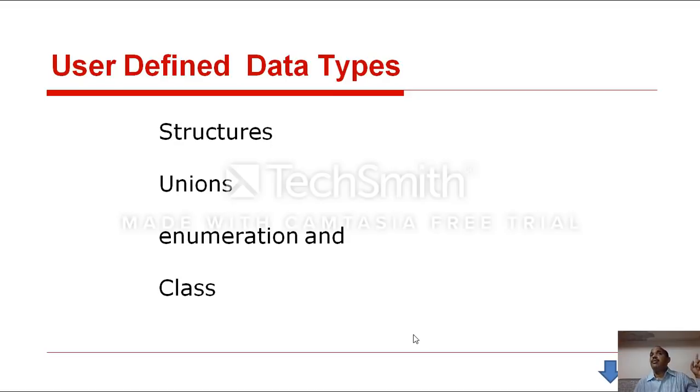Simply, we already learned in the fundamentals. What is the definition of class? A class is nothing but a collection of members and member functions. Clear all of you? A class is a collection of members and member functions.